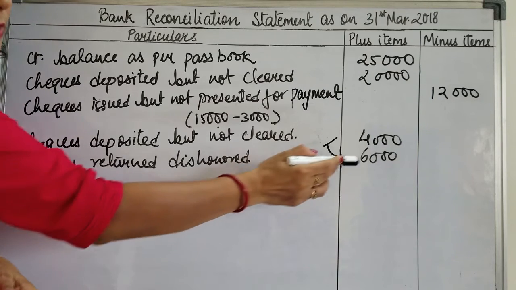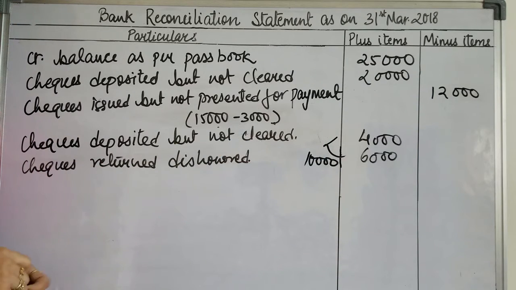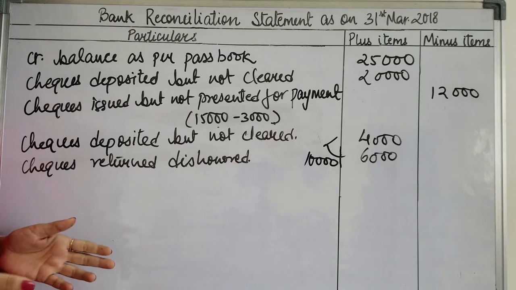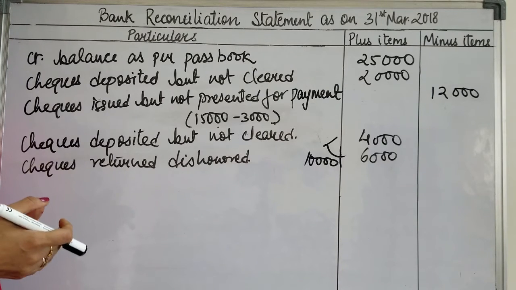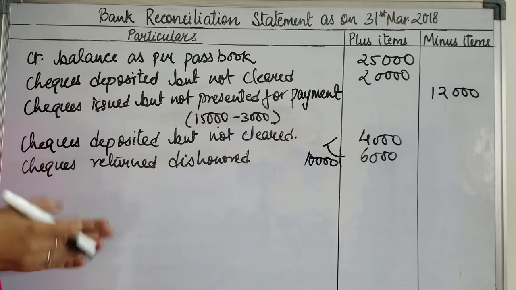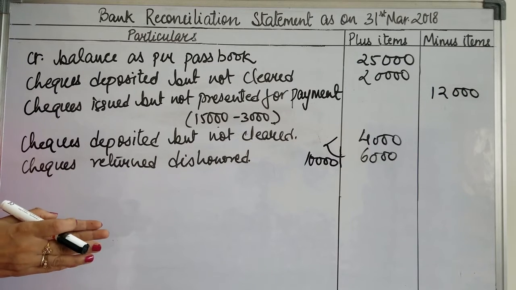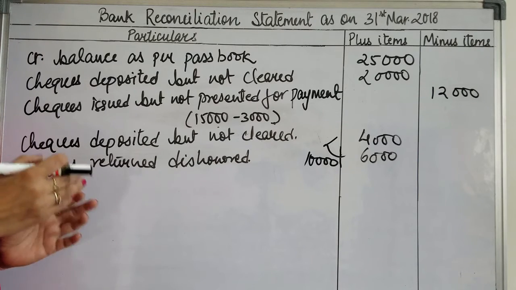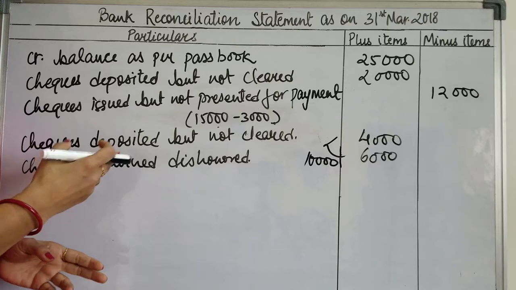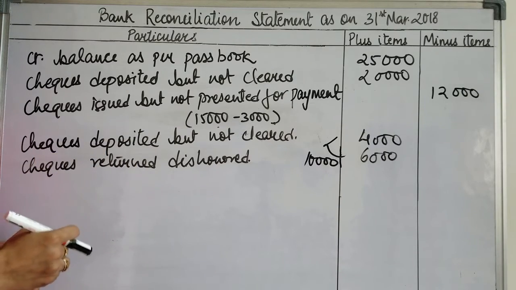Now the second amount of rupees 6,000, the check of 6,000, is dishonoured by the bank. No entry of dishonour of check was made in cash book, but the entry of depositing the check must have been made. So to bring the balance of passbook equal to the balance of cash book, this will be added.